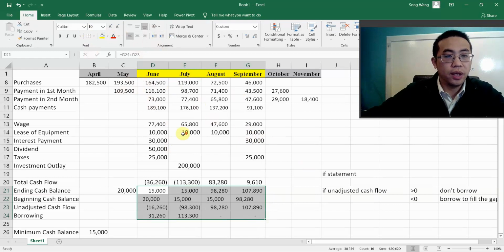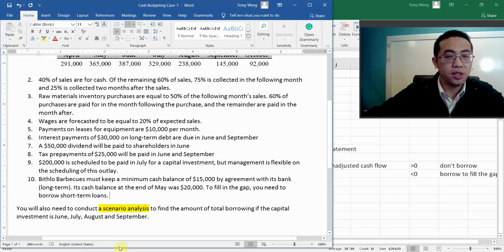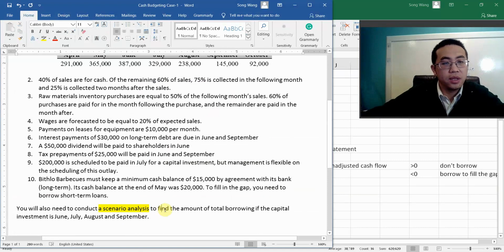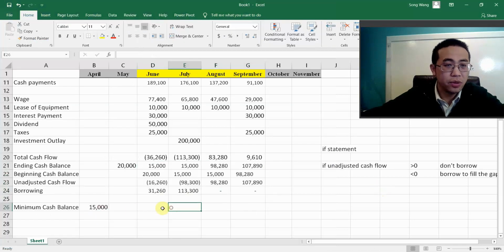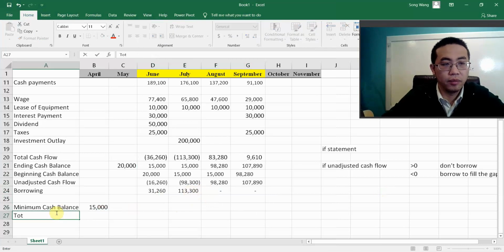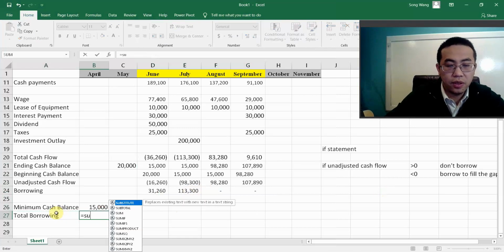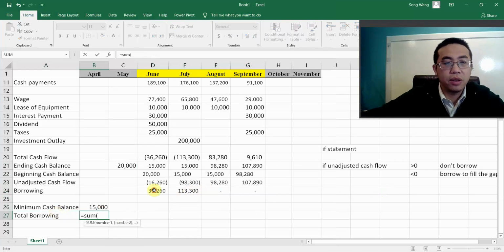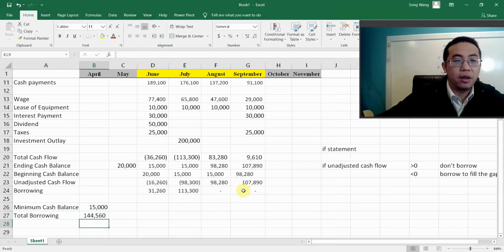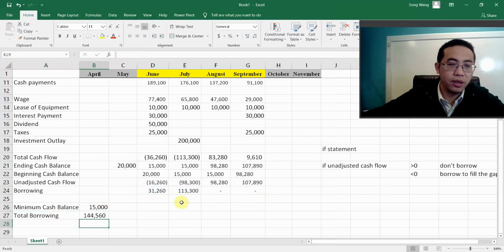So right now, let's do the last assignment. You will also need to conduct a scenario analysis to find the amount of total borrowing if the capital investment is in June, July, August, and September. So here, you will see that my total borrowing equals the sum of all the borrowings in the 4 months, which is a pretty large number.